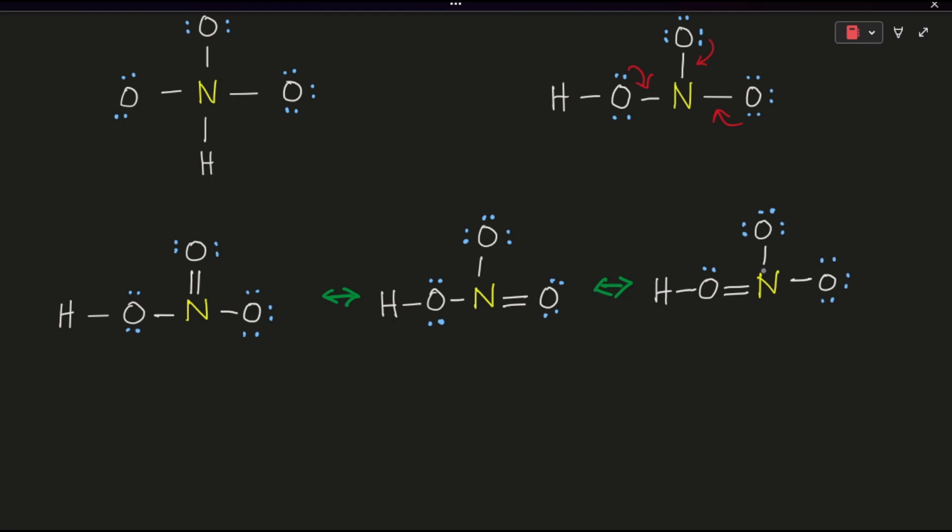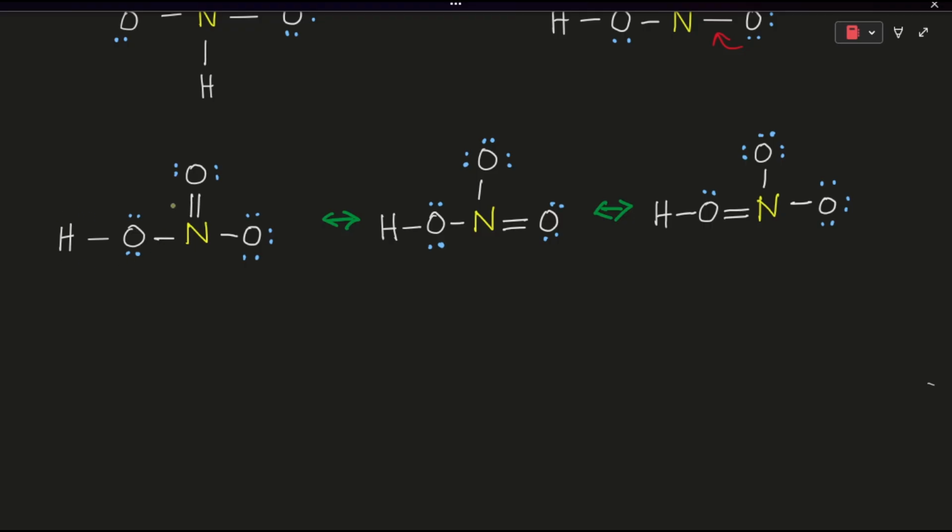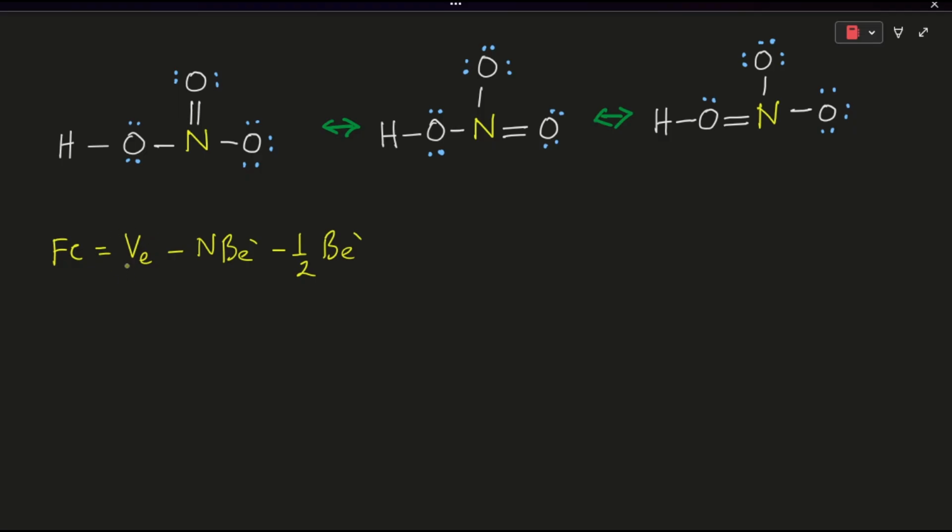But there is another step that we would have to consider, which is to determine the formal charges on each of the atoms within the compound. And with that, the fewer the separation of charges, the more stable the Lewis structure is, and the more favorable that structure would be considered as the Lewis structure. Now, to determine the formal charges on each atom, we will be guided by the formula: the valence shell electrons minus the non-bonding electrons minus half the bonding electrons.